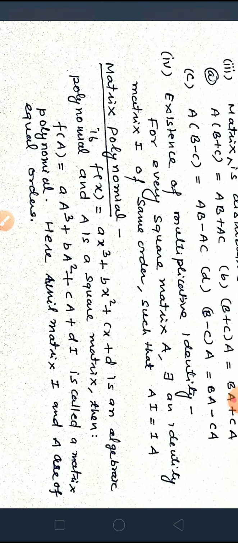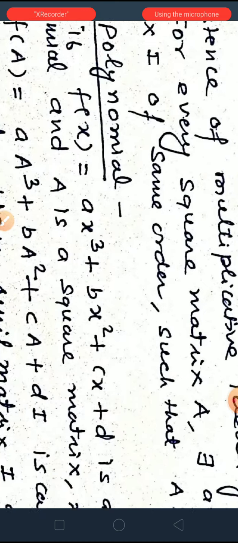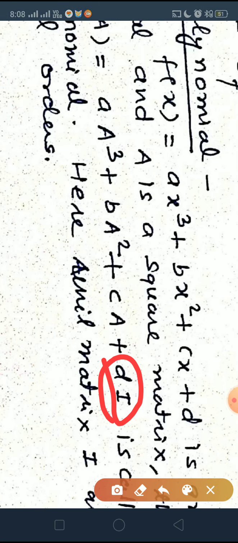Here the unit matrix I and A are of equal orders, meaning the order of I and A must be equal. We can say that we choose I of the same order as A. The important thing is that here it is written as dI, but in the question it is simply d. But when you write a matrix polynomial, you compulsorily have to write I as a multiple of the constant, if the constant is alone, having no other variable.